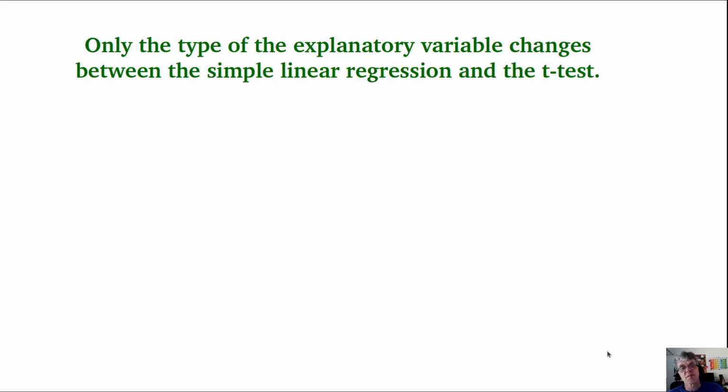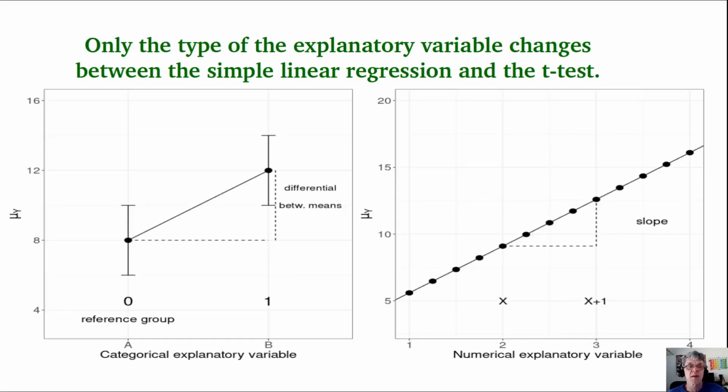The only difference between this case, where we have a single explanatory categorical variable, and the simple linear regression, where we had a single numerical explanatory variable, is shown in the following diagram.